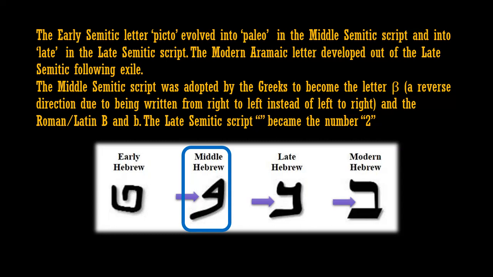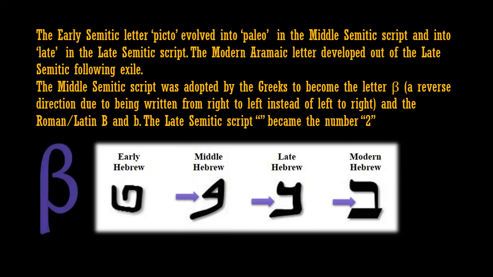The middle script was adopted by the Greeks to become the letter beta. Beta has a reversed direction due to being written from right to left instead of left to right.